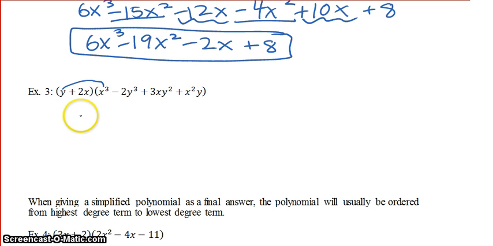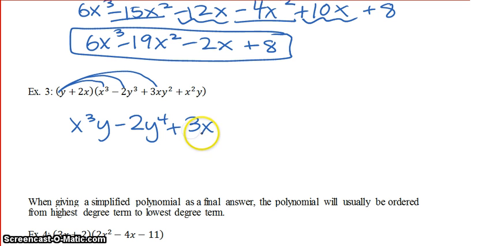So y times x cubed, so I'm going to do x cubed y. I like to do all the variables in the same order. So I'm going to do all of them x, y, just so it's easier for me to identify like terms. So y times negative 2y cubed, which would be negative 2y to the fourth. Y times this, which is plus 3xy to the third. Y times this, which would be plus x squared y squared.